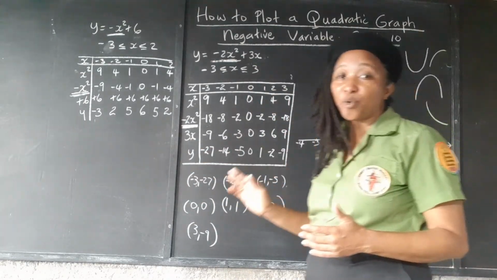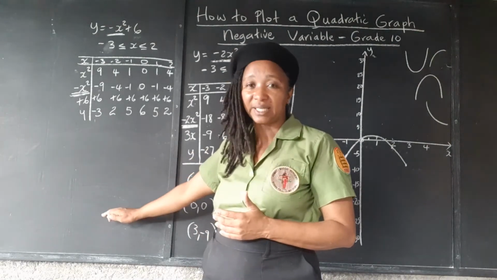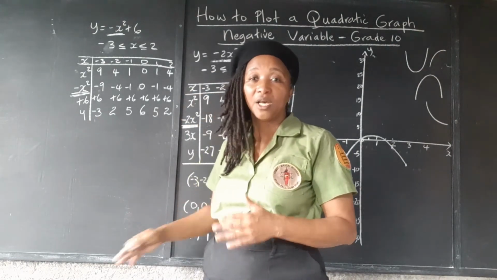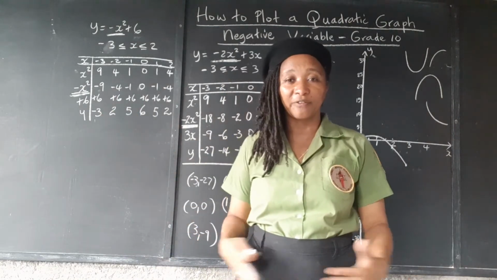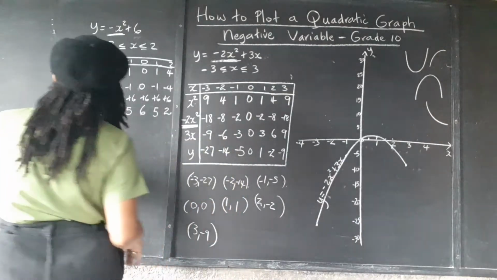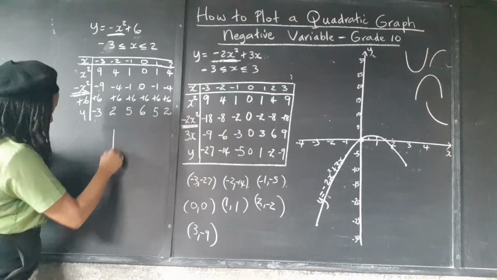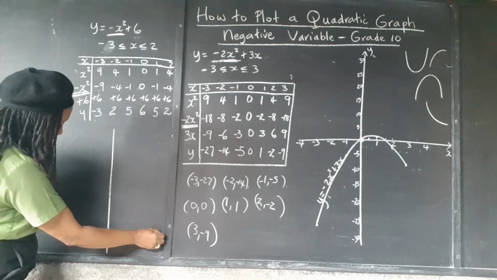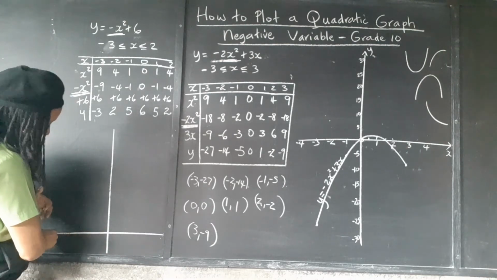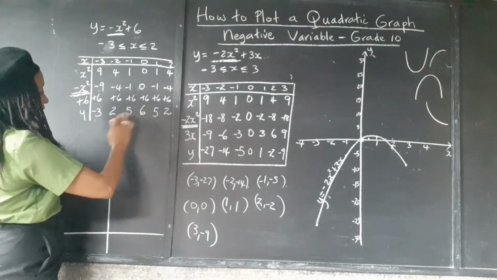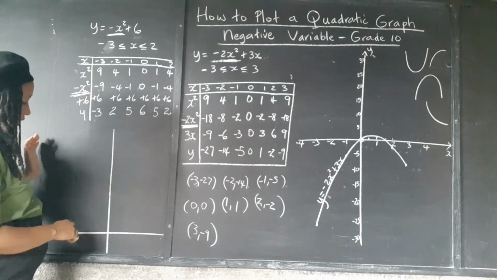You can leave more space for your positive axis and just a little space to accommodate your negative numbers, so you utilize your graph intelligently, right? So since I only have a negative 3, I'm going to put my x-axis further down there to utilize the positive axis where most of my numbers are positive.